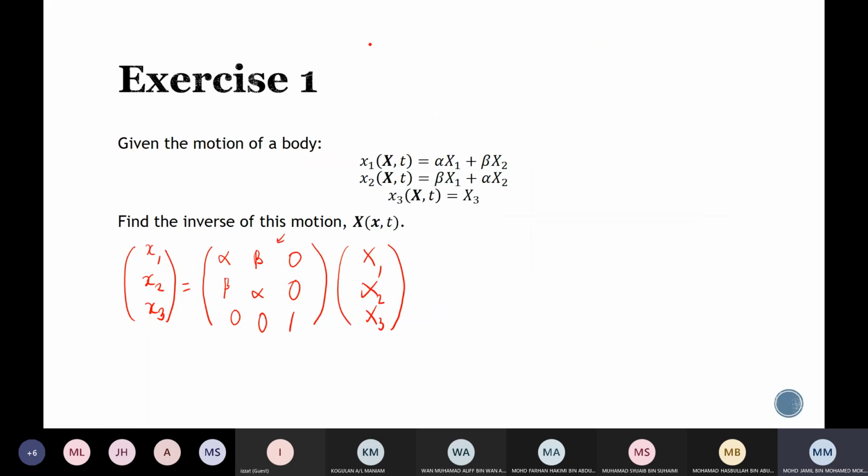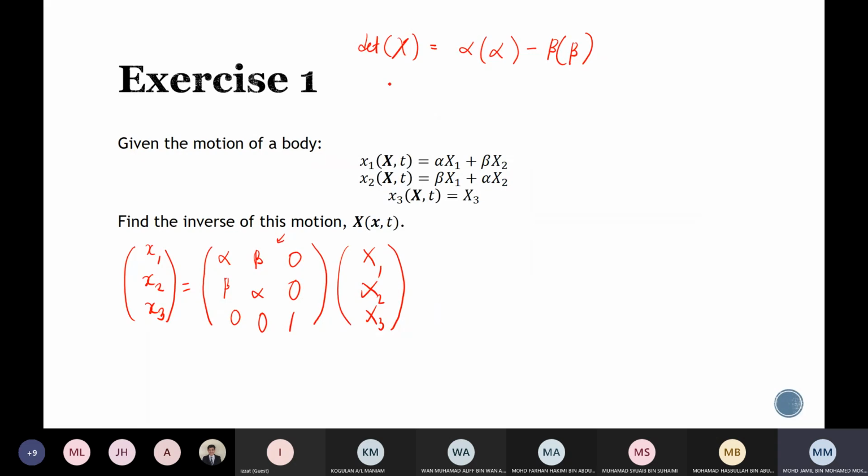To invert, first you find the determinant. So the determinant of the matrix chi equals alpha times alpha minus beta times beta.